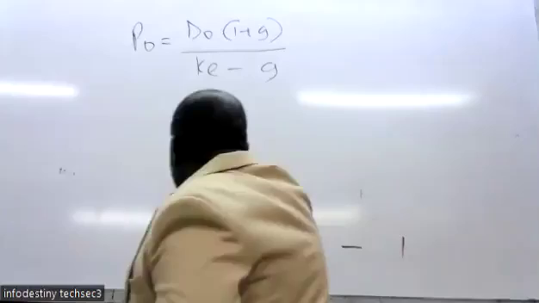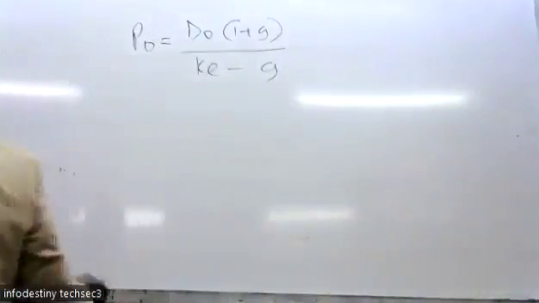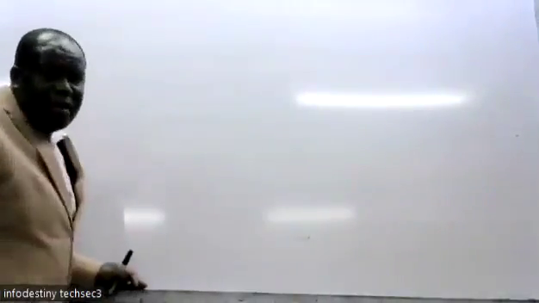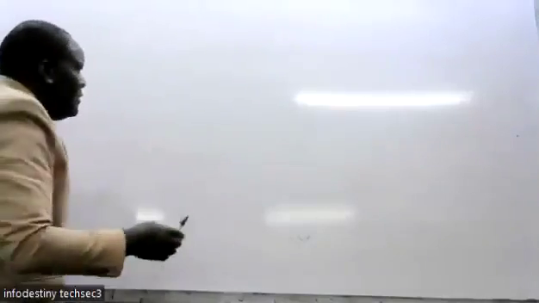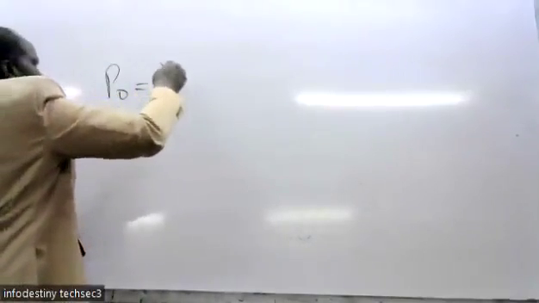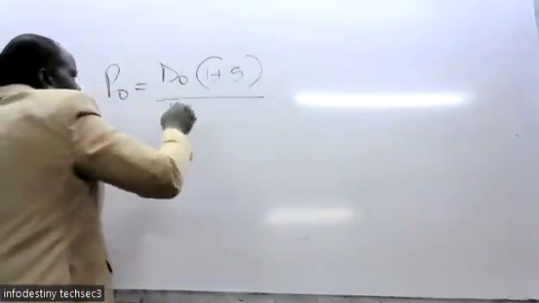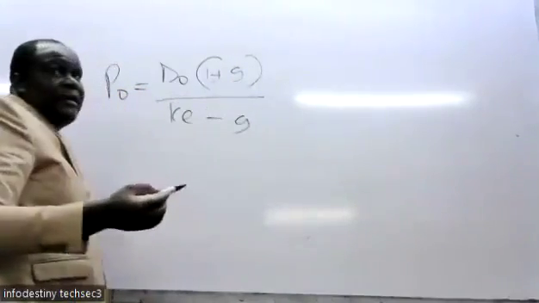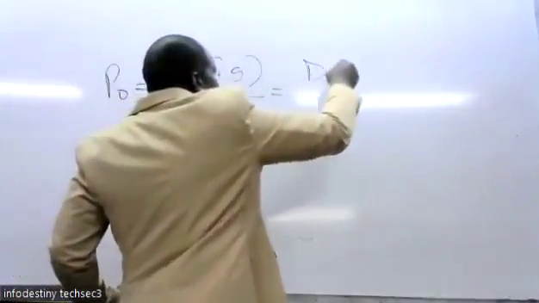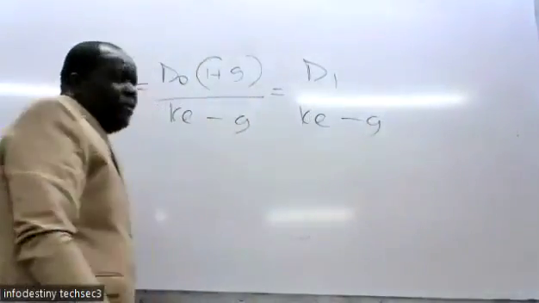To get the value of the share, P0 is given by D0(1 + G) divided by (Ke - G). This is the same as D1 divided by (Ke - G).